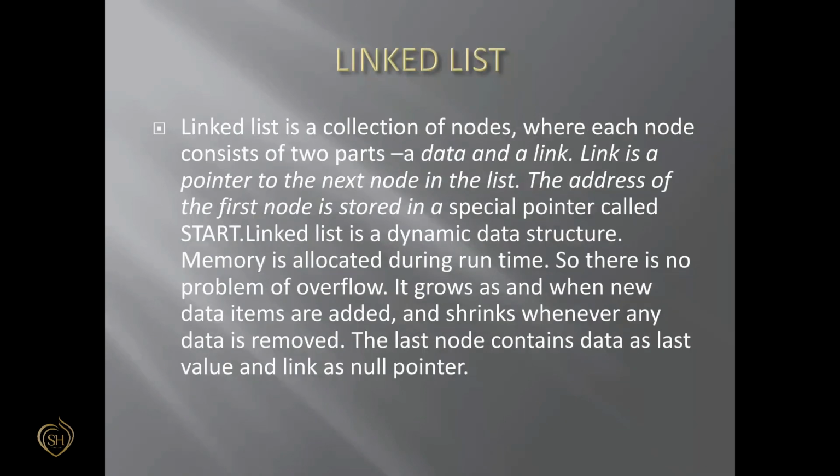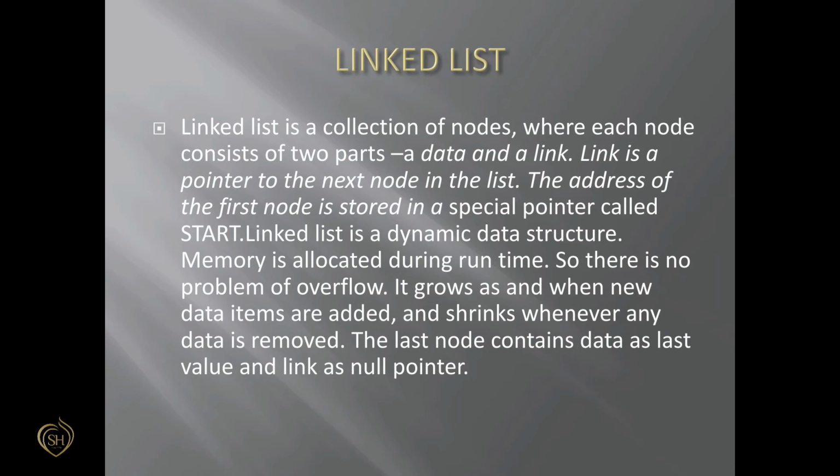A linked list is a collection of nodes where each node consists of two parts, a data part and a link part. The data part is where we store the data items, and the link part is the pointer to the next node in the list.